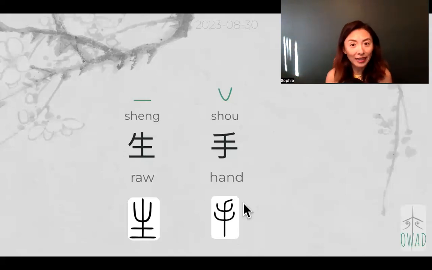Because there is another very similar-looking Chinese icon that looks almost exactly the same as the hand.